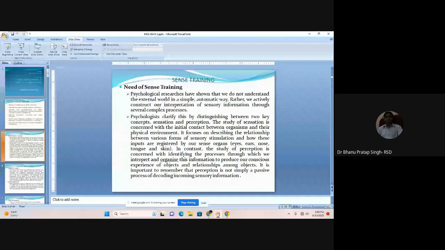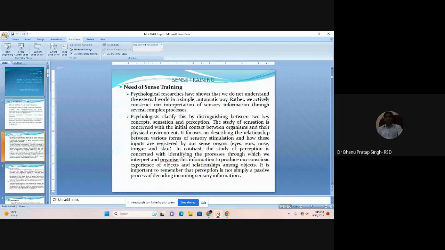Then the second need of sense training: psychologists clarify this by distinguishing between two key concepts, sensation and perception. Sensation is concerned with the initial contact between organisms and their physical environment.